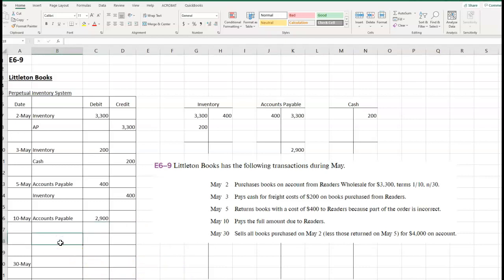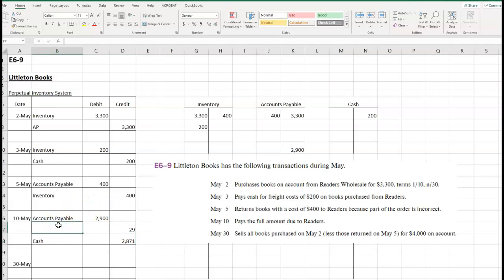So we're going to debit accounts payable, $2,900. I'm going to skip a line, and then we're going to put in the cash that we owe. How much cash do we owe? $2,900 less 1%, which is $2,871. The difference is actually the 1% discount. That 1% discount is $29.